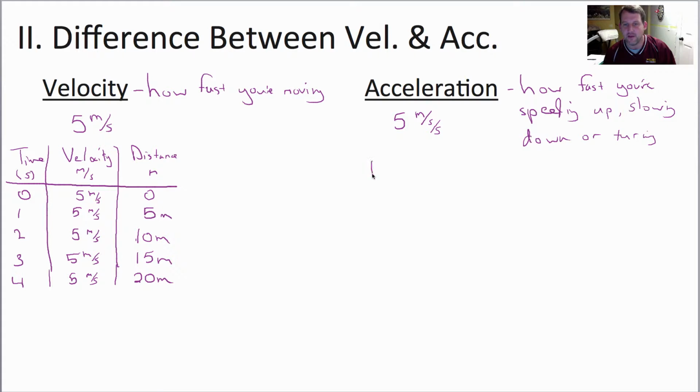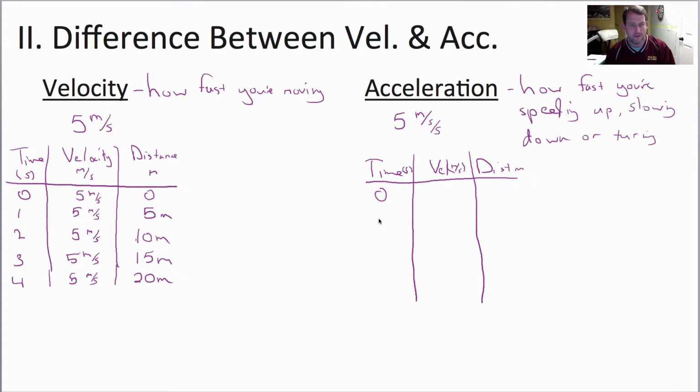Now let's look at this one over here, and say we have the same chart: time, velocity, distance, in seconds, meters per second, and meters. And we'll look at the same 4-second time frame. So 0, 1, 2, 3, 4 seconds. Our velocity here starts off at 0 as well as our distance.